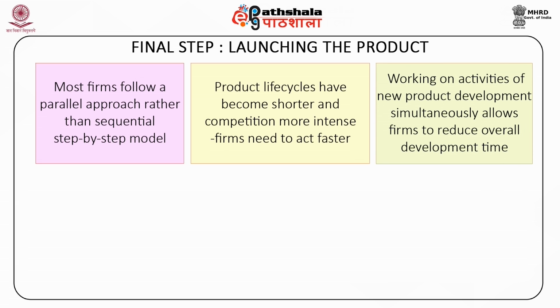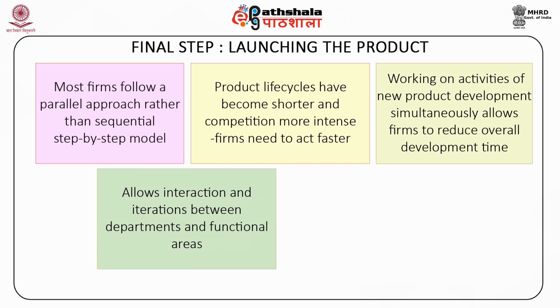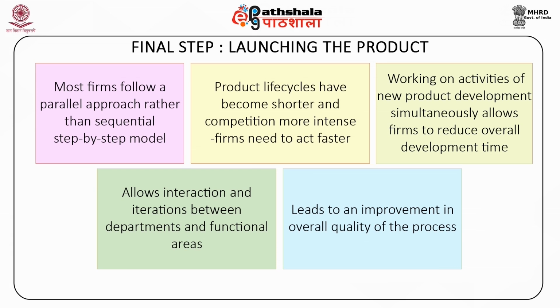Working on various activities of product development simultaneously allows firms to reduce overall development time. Another benefit of this is that it allows interaction and iteration between different departments and functional areas working on new product development together. This leads to an improvement in the overall quality of the process.